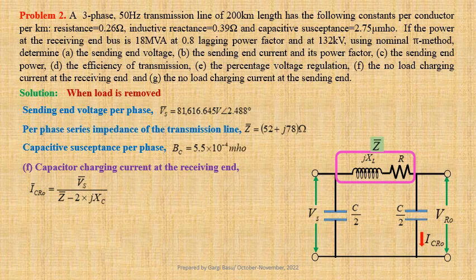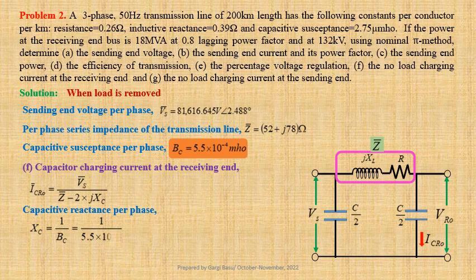Let us now calculate capacitive reactance per phase. Xc equals to 1 upon Bc, that is equal to 1 upon 5.5 into 10 to the power minus 4. That gives us 1818.2 ohm. Now we shall compute Z minus 2 times jXc.